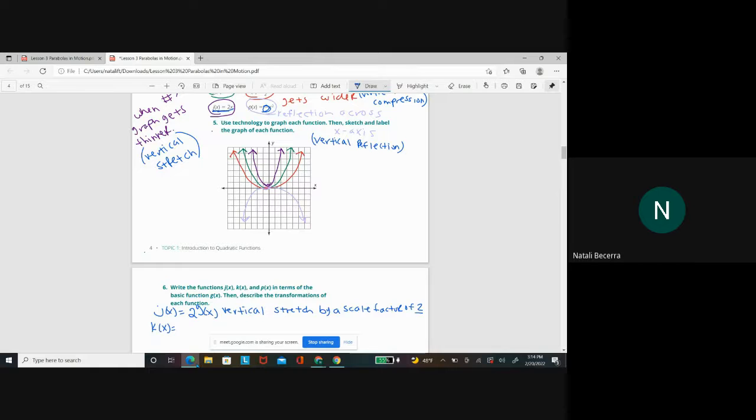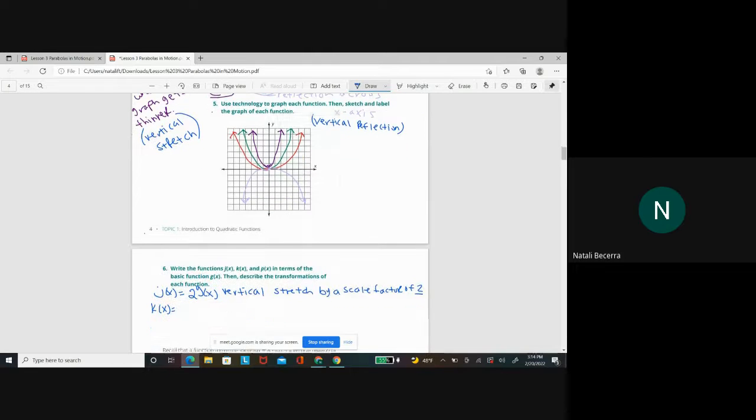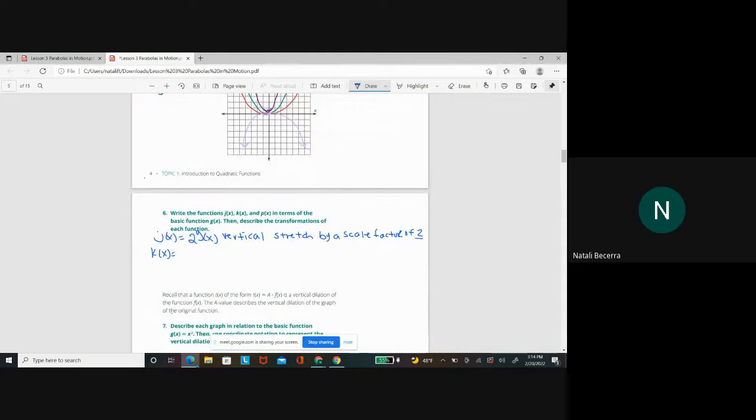I'm going to go up a little bit. That was 1/2 x squared. So it's going to be 1/2 of g of x. And this was a vertical compression by a scale factor of 1/2.